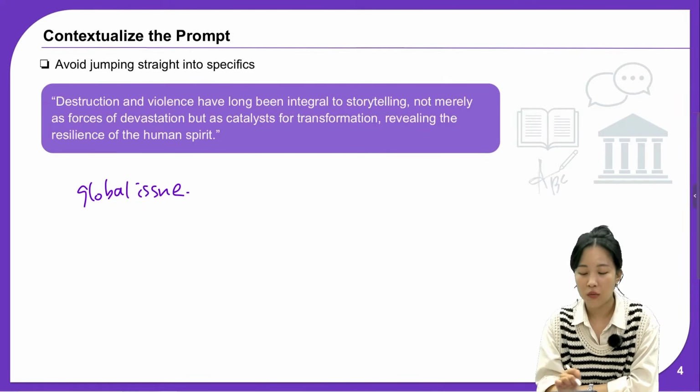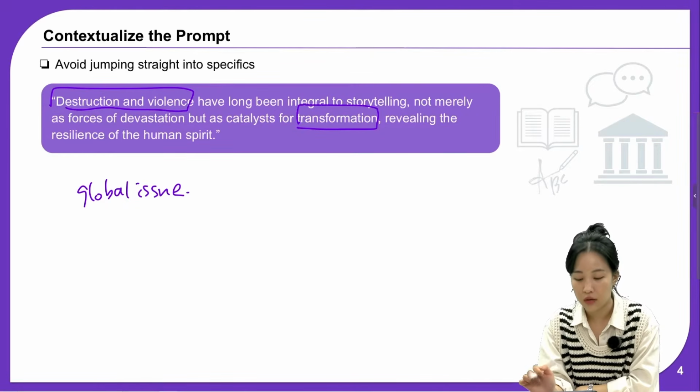And so we're saying, well, to humans, these types of destruction and violence, yeah, they're sad, and it's going to cause pain to protagonists and characters in the stories. But we're also saying, well, this is actually offering a good opportunity for characters to transform. And of course, if you're going to write this, the two texts that you'll be talking about have to actually relate to this idea. Okay, so don't forget about that.